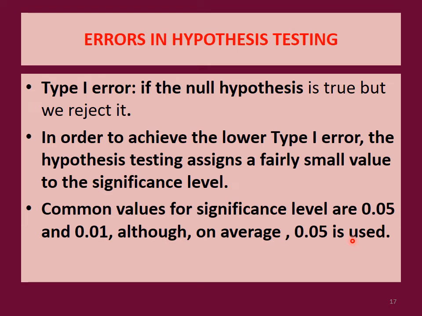That means 5% errors are there. There is a possibility of 5% errors. That is 0.05. Then 95% correct. That is the meaning. Then 0.01 means 99% correct. That's the thing mentioned here.